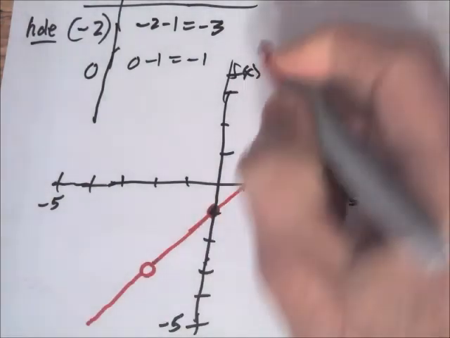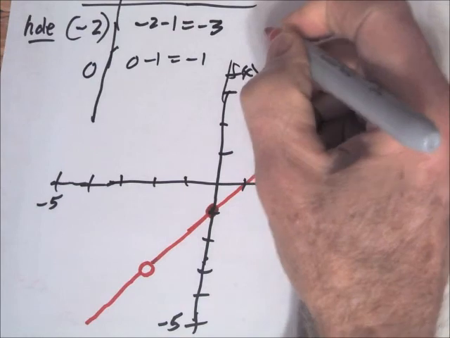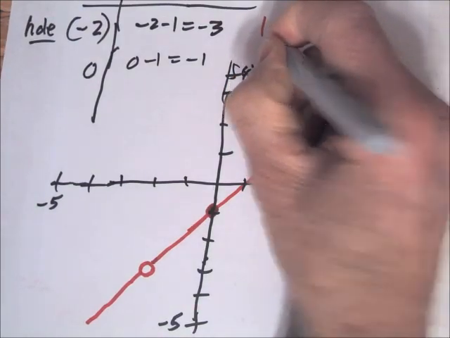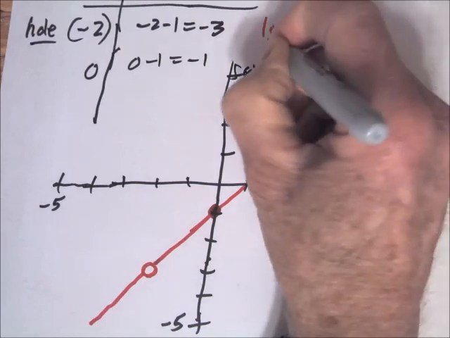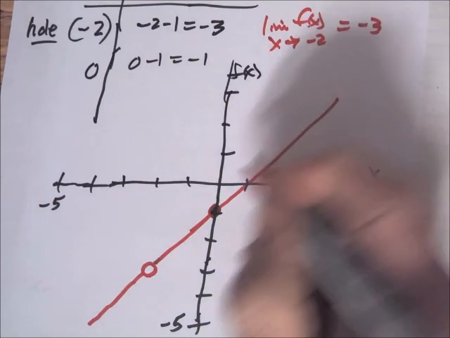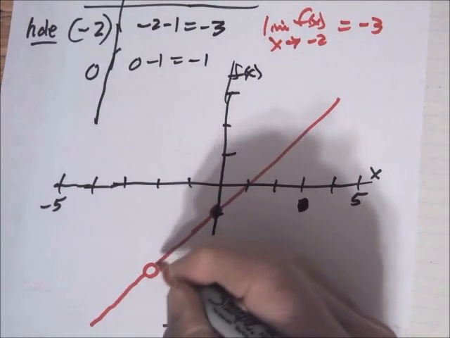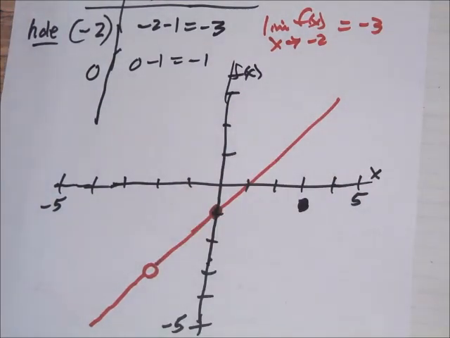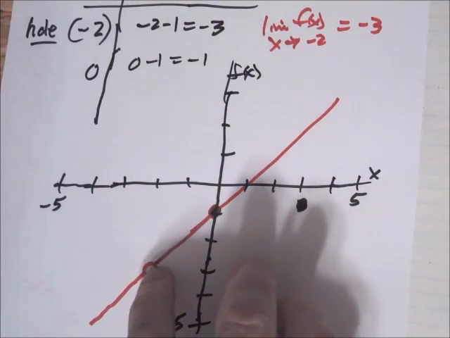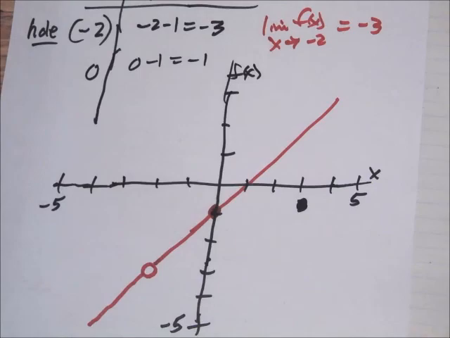We'll talk again more about this next week, but we can say that the limit of f of x as x approaches negative 2 is equal to negative 3. Even though the function is not defined there, the limit itself is defined. The closer x gets to negative 2, the closer f of x gets to negative 3. And that concludes this presentation.